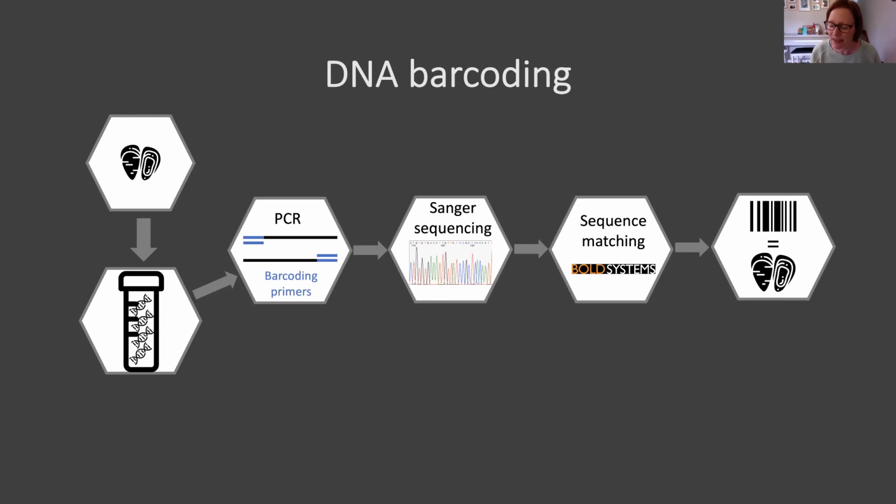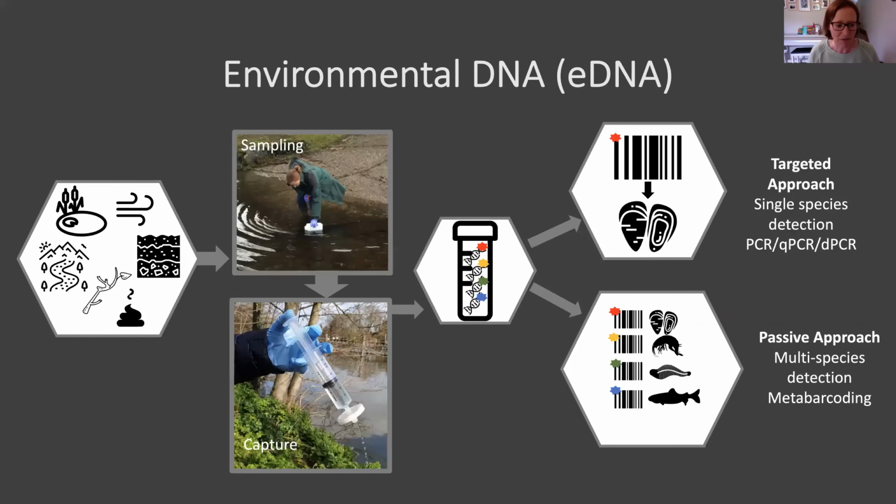And that sequence is matched against a reference database. Just in the same way that in a supermarket, when you scan your product, it's matched against a reference database of all the items that are in the stock room to get the ID. So that's DNA barcoding, and it's been around for a long time, nearly 20 years now.